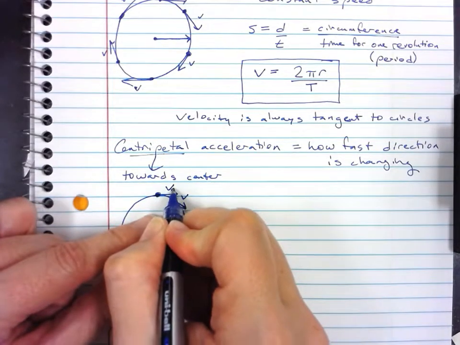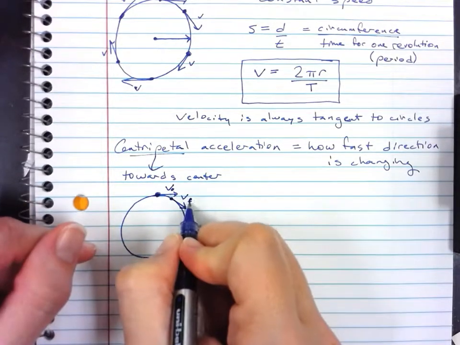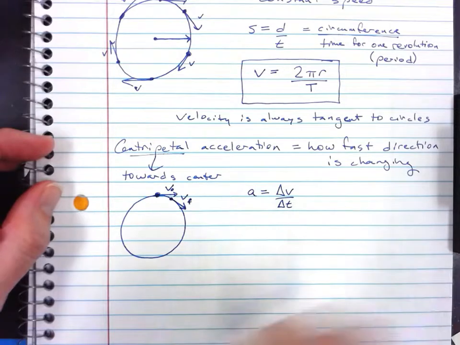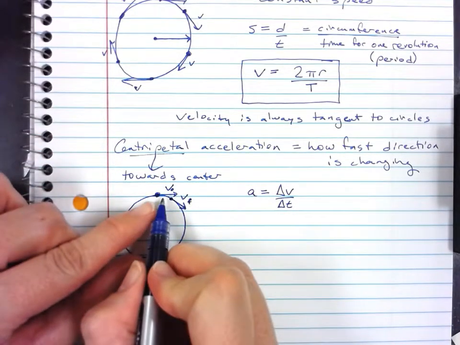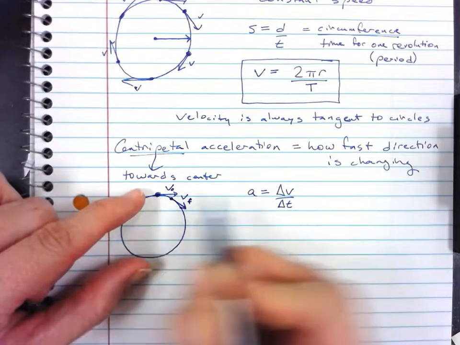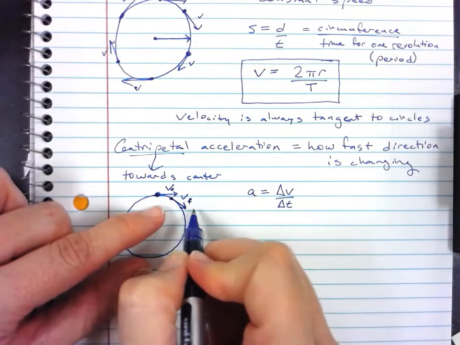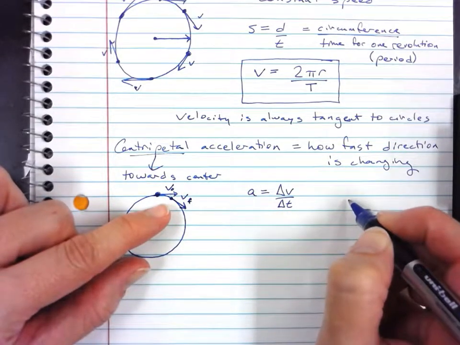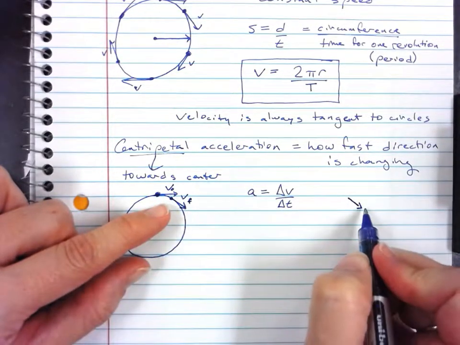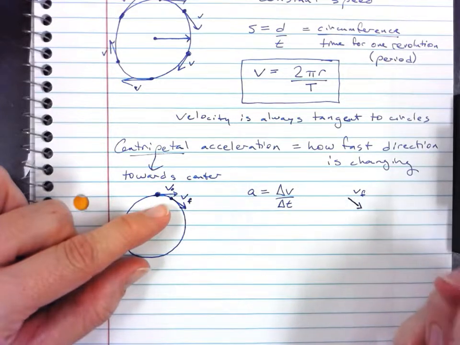So if I say this is the original and this is the final, you know that acceleration is defined as change in velocity over the time interval. So for directions, I need to do the final minus initial to get the change. So to draw that, I'm going to redraw the final, trying to copy it as best I can. So this is the final.